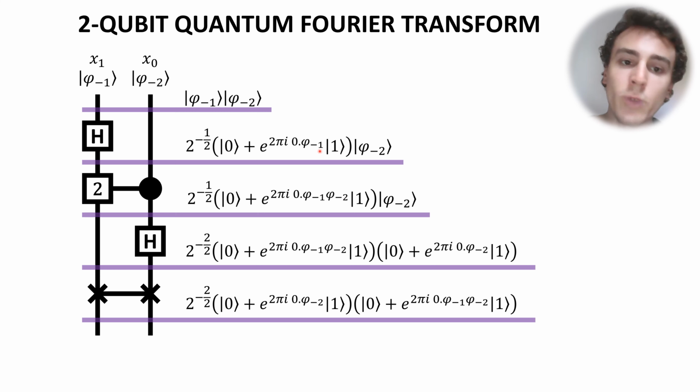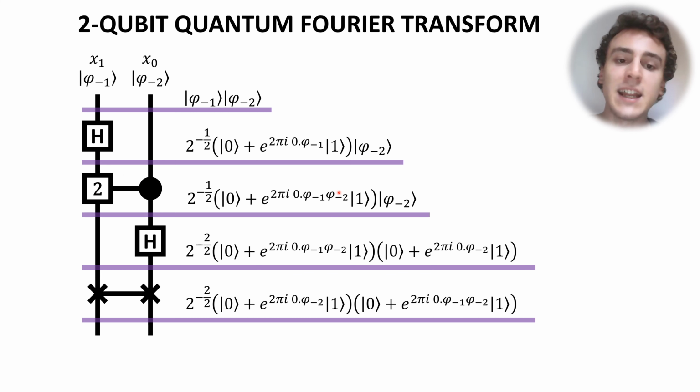So now, what have we done to the quantum state? Well, we've added another bit in this binary fraction. So this first bit corresponds to the 2 to the minus 1 term. And now we're dealing with the 2 to the minus 2 term. So that 2 is why we have a label of 2 inside this box over here. So we have a controlled unitary gate that is producing this quantum state.